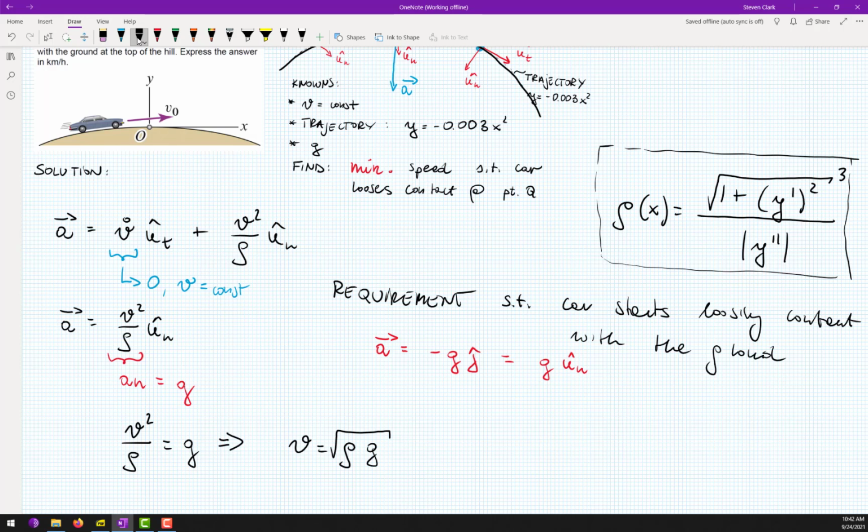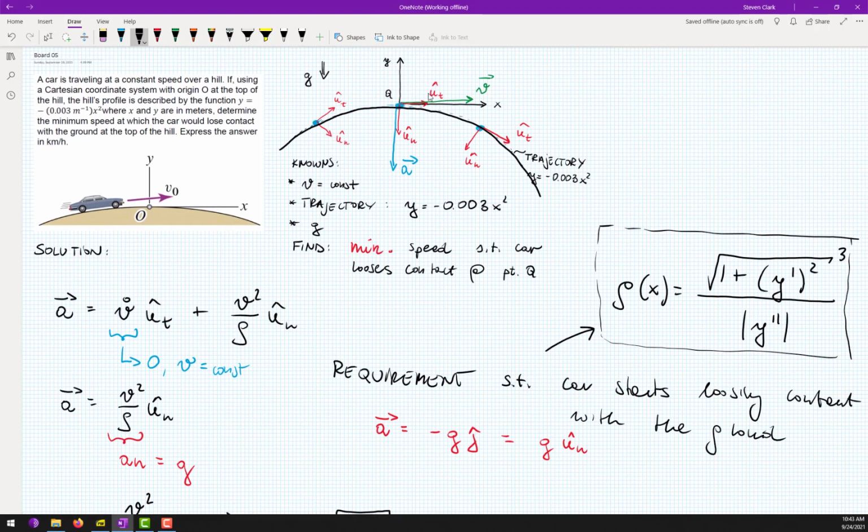Now, how do we find rho? Tackle it with this. Yes, Clara? Because if you travel along the curvature, you will experience centrifugal acceleration.